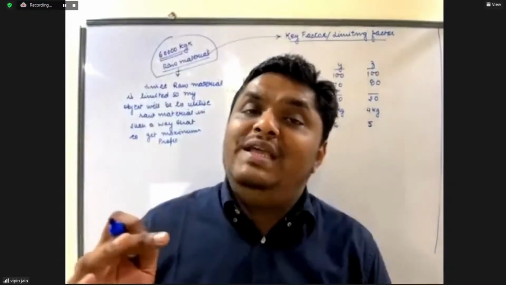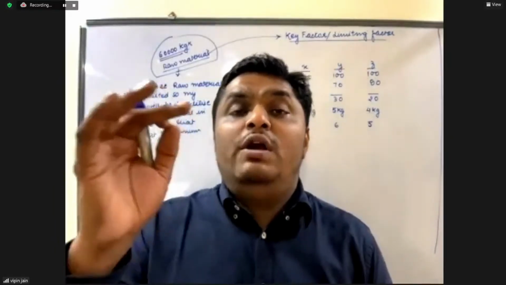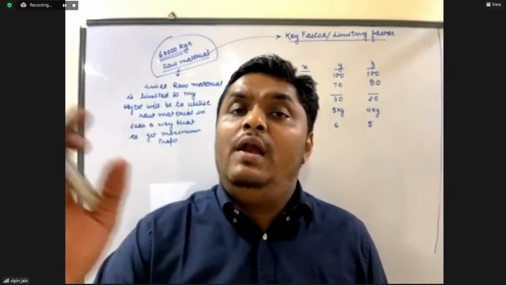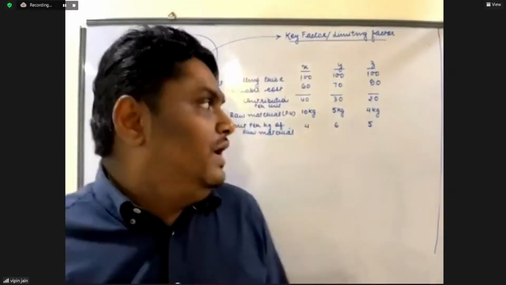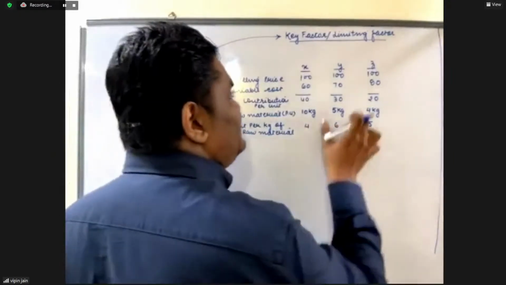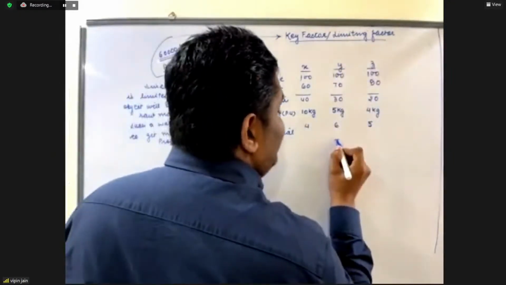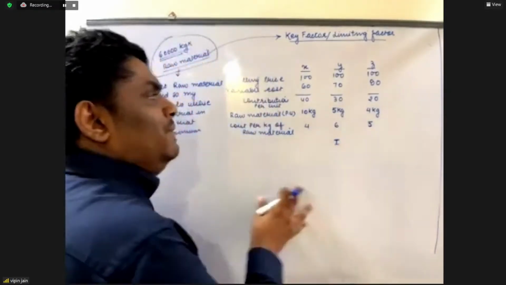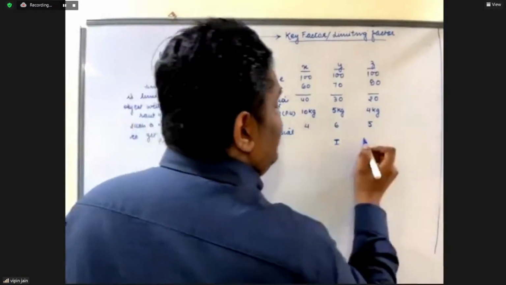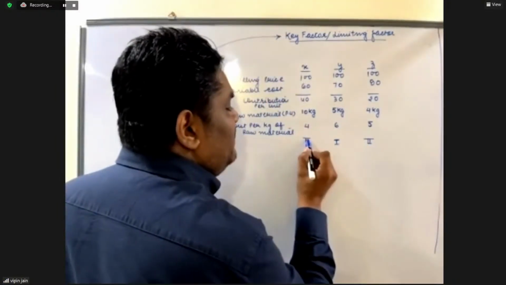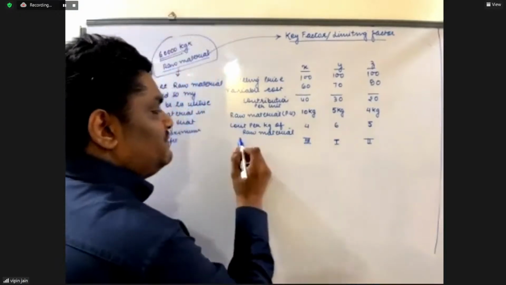Because since the raw material is in limited supply, our decision will be entirely based on the requirement of raw material along with the contribution. So here my contribution per kg of raw material is highest in case of Y. So it is advisable to first manufacture Y. Then if the demand is fulfilled for Y, then we will manufacture Z, and then last priority will be given to X.